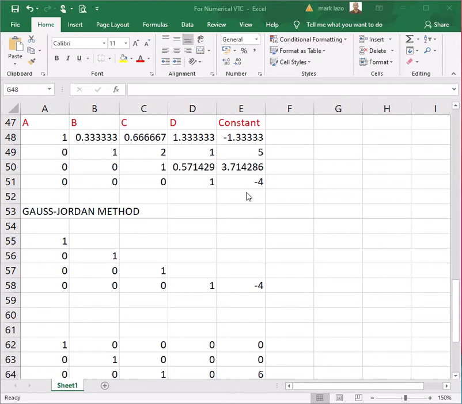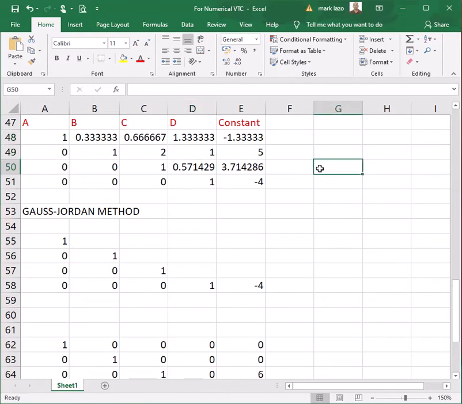So the first step, since we have to make it a unity matrix, is to convert all these elements above the element 1 in column D equal to 0.